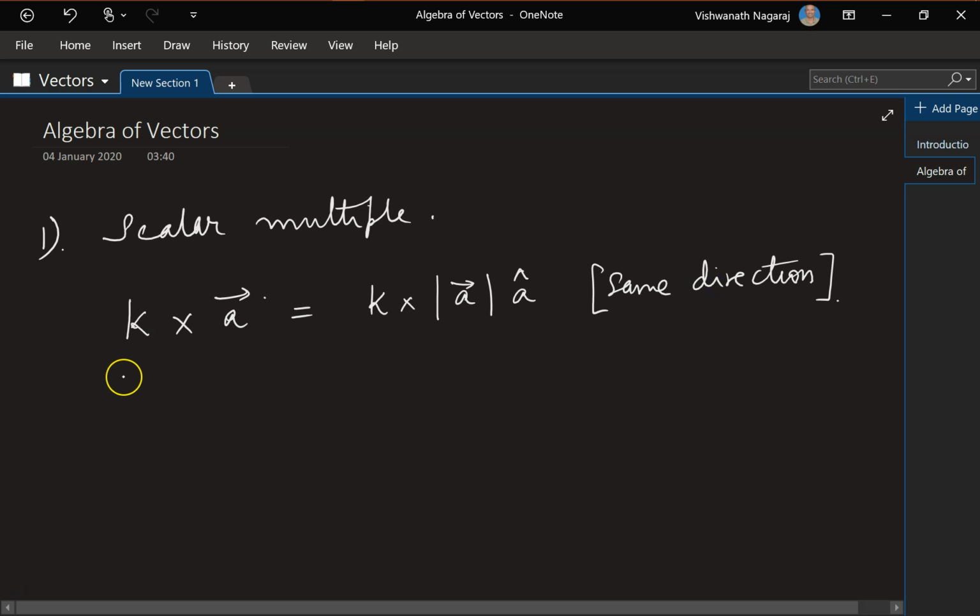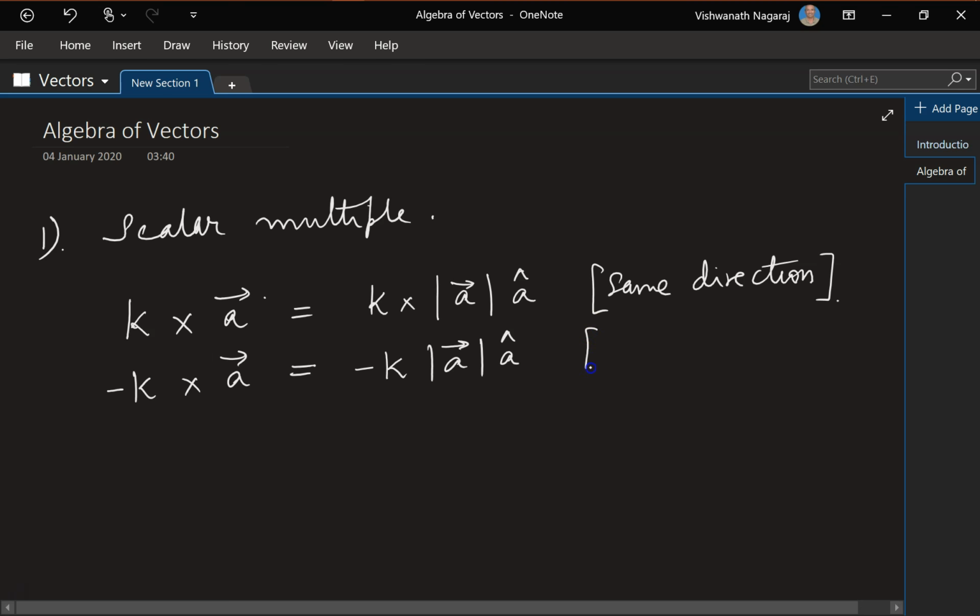If we multiply a vector by a negative scalar, a negative real number, now this would be minus k times the magnitude of a in the direction of a cap, okay?